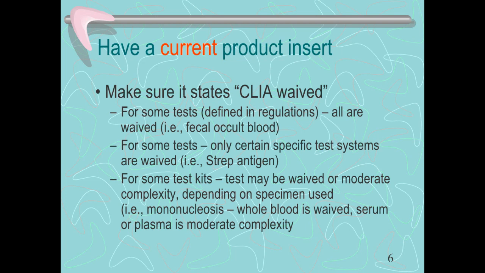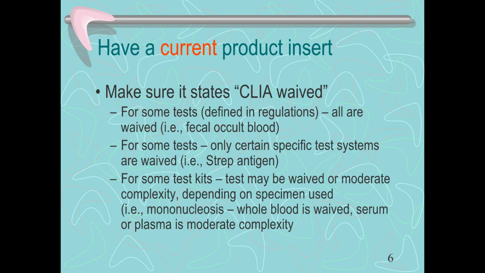You have to make sure that what you're ordering for your company or for your physician's office is a waived test, because it may fall to you as the clinical medical assistant to be the person who's ordering products for your CLIA waived testing. Some kits may be waived for moderate complexity depending on how the specimen is used, like a monospot test.